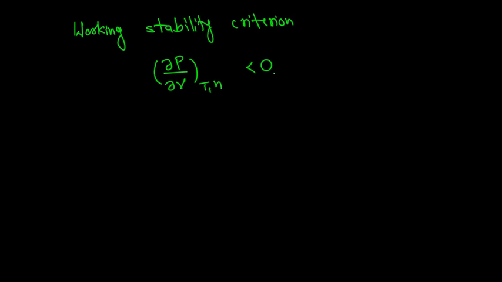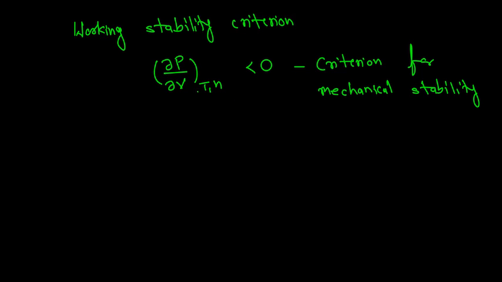So if the system has to be at stable equilibrium, del P by del V at constant T and N must be less than 0, and this is actually called the criterion for mechanical stability of the system.